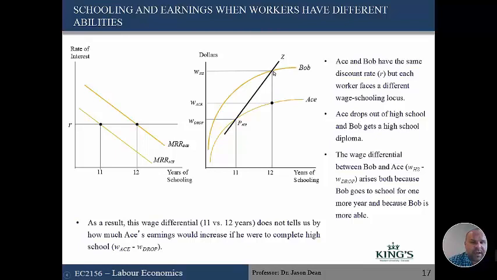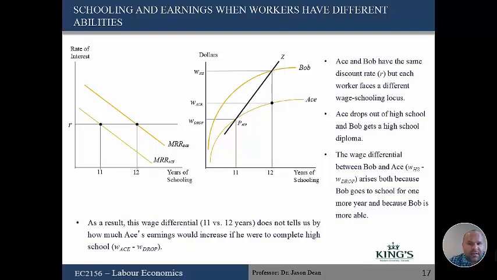So we can't just take this difference here, between the wage of Ace and the wage of Bob. If we were to say that Ace would make Bob's wage if Ace were to get an extra year of schooling, we would be wrong, okay?